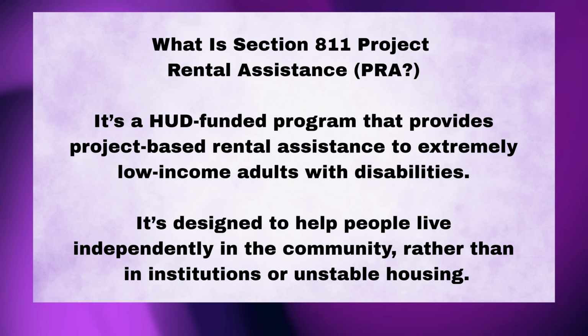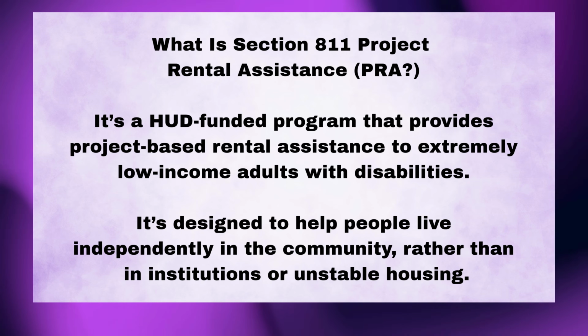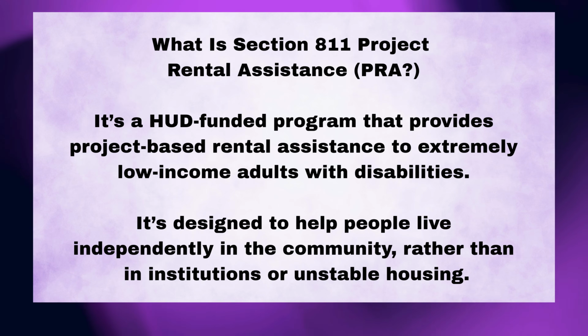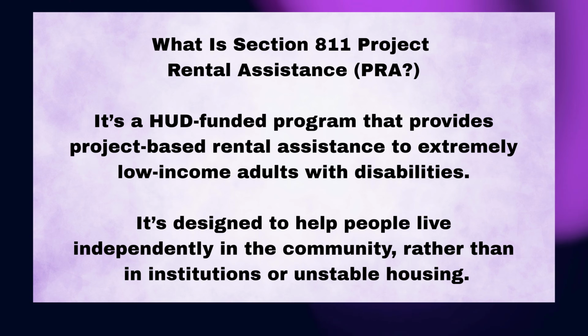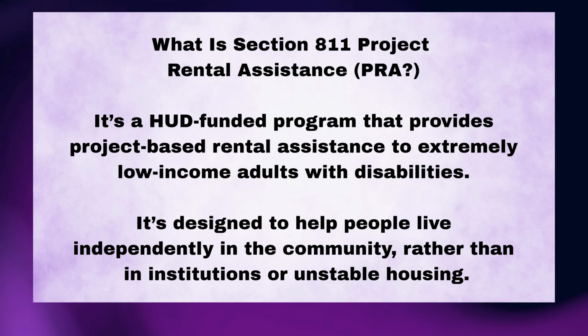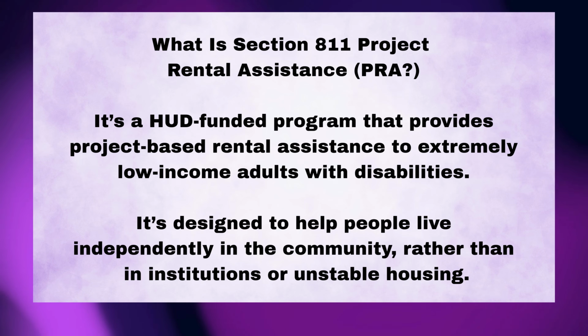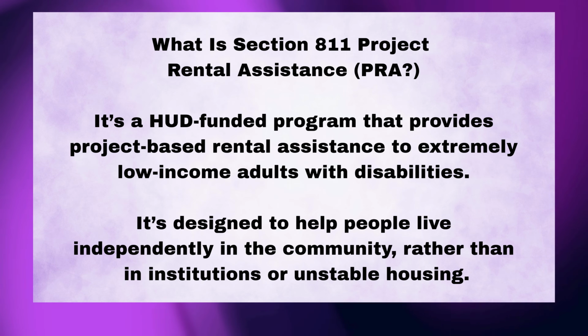So, what is Section 811 PRA? It's a HUD funded program that provides project based rental assistance to extremely low income adults with disabilities. It's designed to help people live independently in the community rather than in institutions or unstable housing.